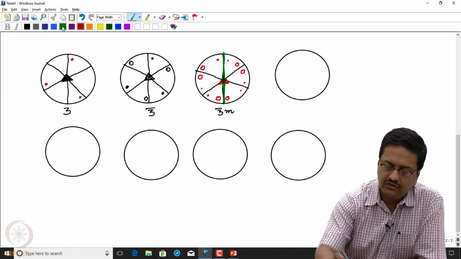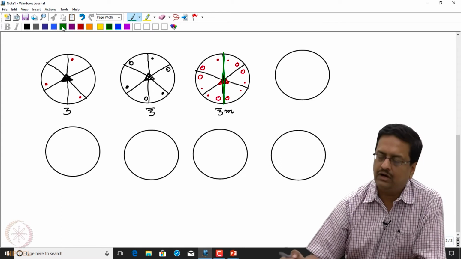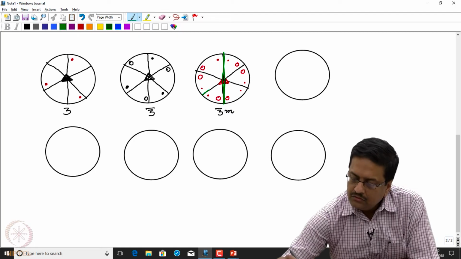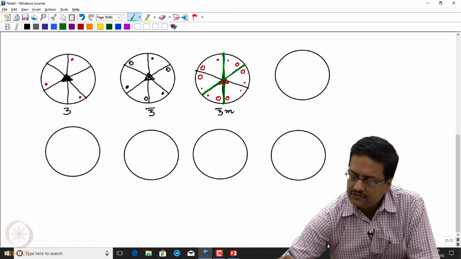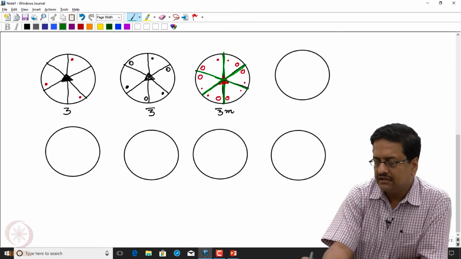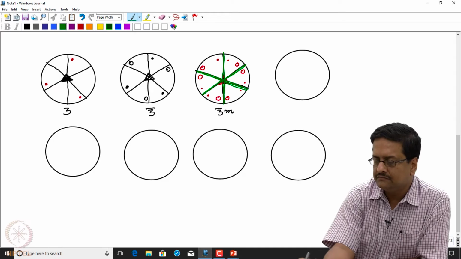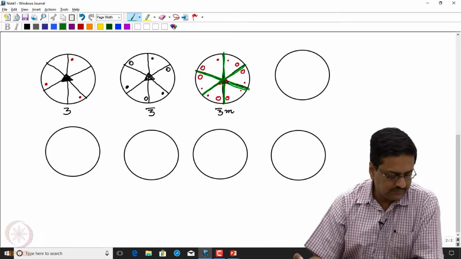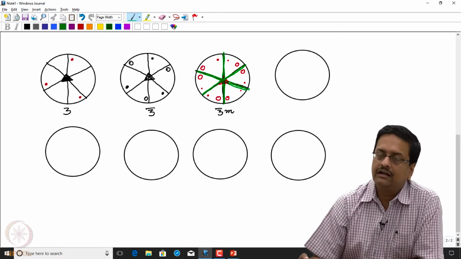By considering one mirror along one of those straight lines containing the 3-fold and then applying the corresponding mirror, we have generated a mirror here and we have generated another mirror there. So this particular diagram represents 3 bar M.